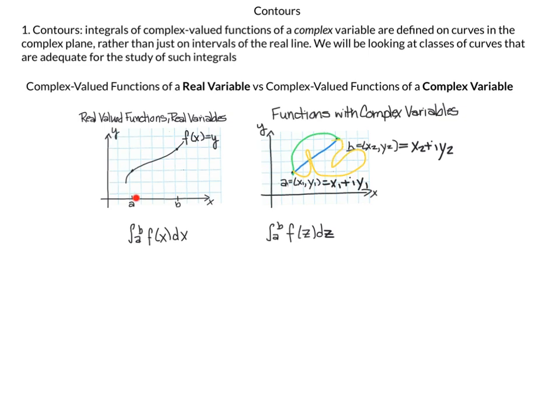So again, over here, when our domain is a real number, to get from a to b, there's only one path. It's the straight line through all these real numbers between a and b. Here, because a and b now are in two dimensions, we can have all kinds of different paths. And the value of our integral is going to depend on the path we choose.